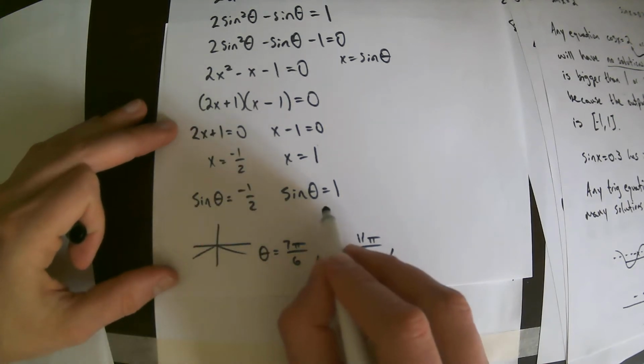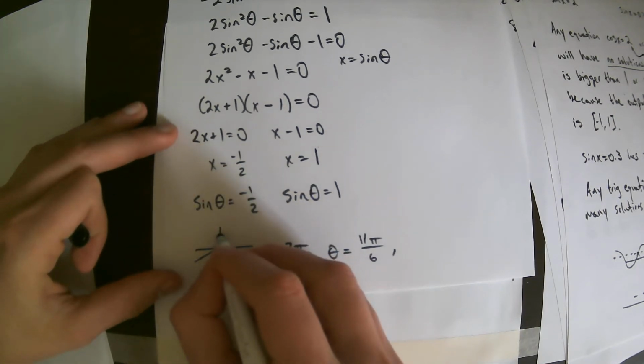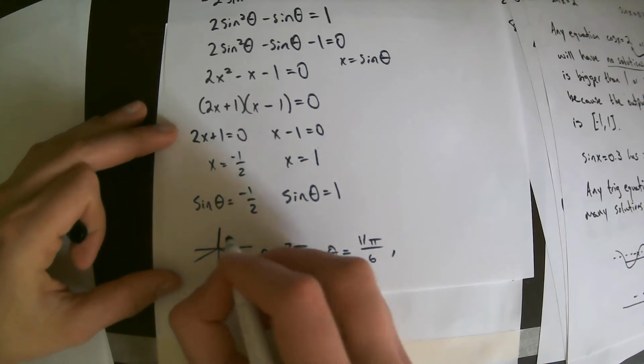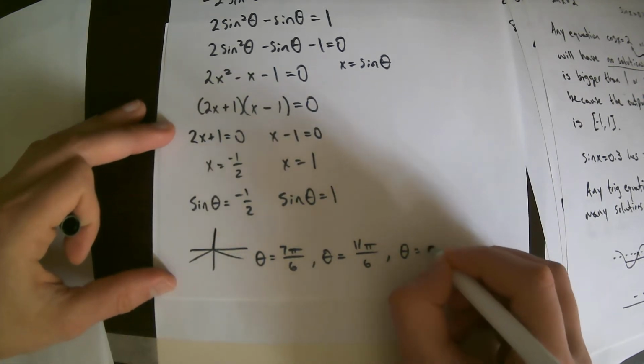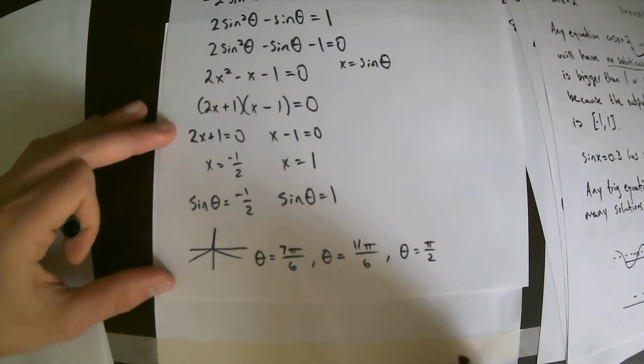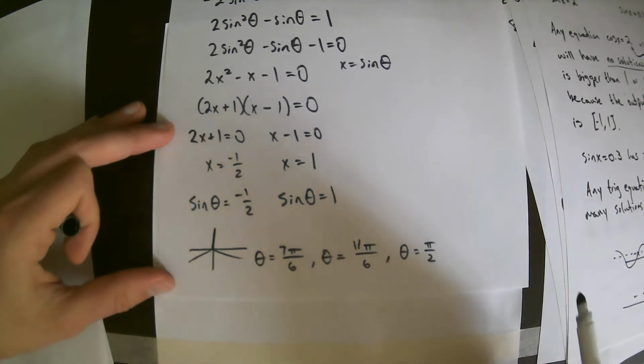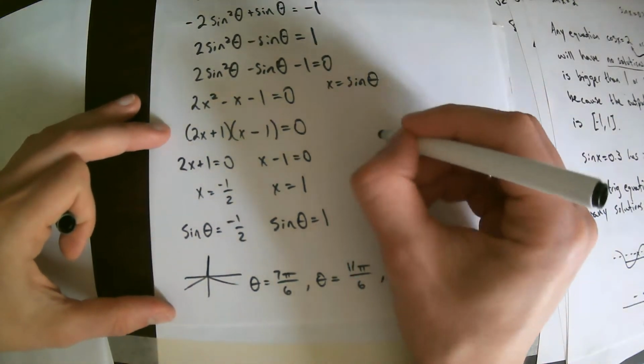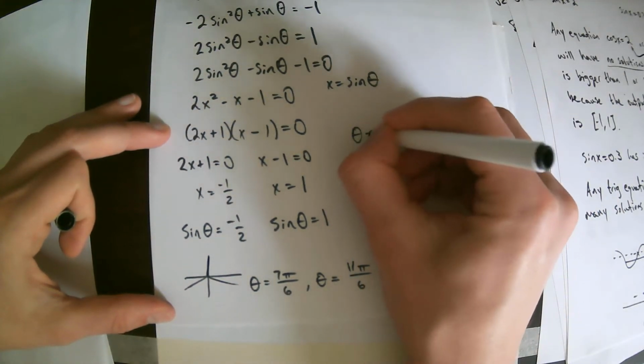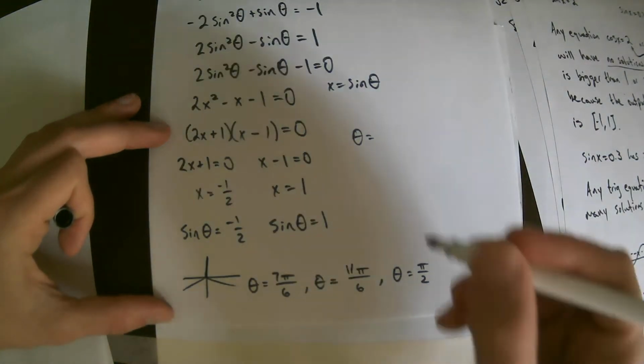Now where is sine of theta equal to 1? That's going to happen right along here at pi on 2. And that's it, right? This is one of those cases when this equation is only yielding one base angle. So the answer would just be all of these, but adding a 2k pi at the back.